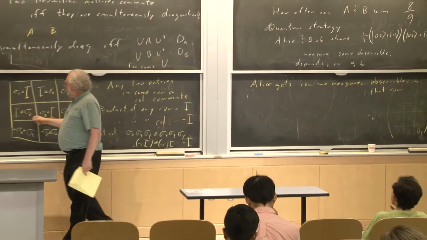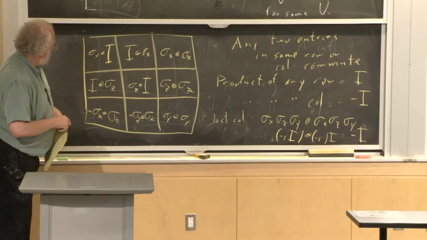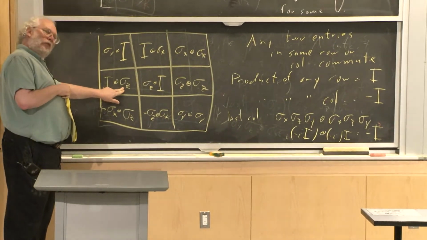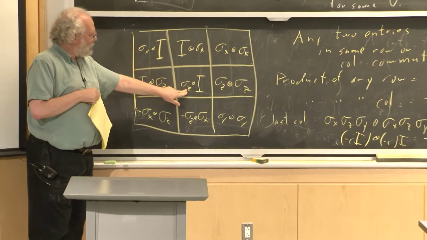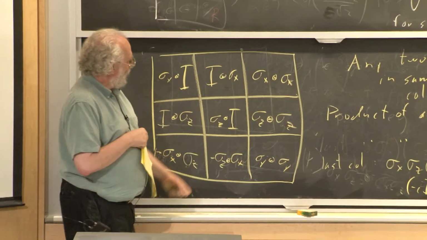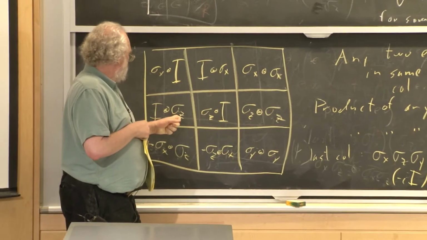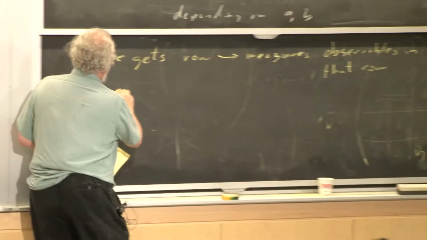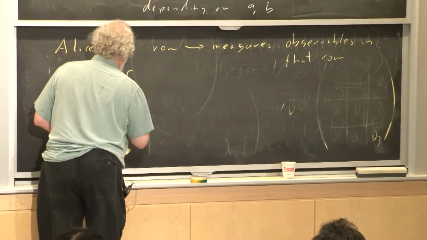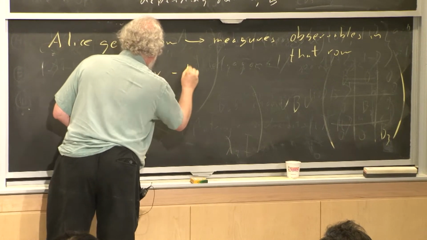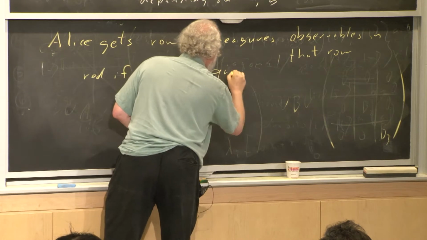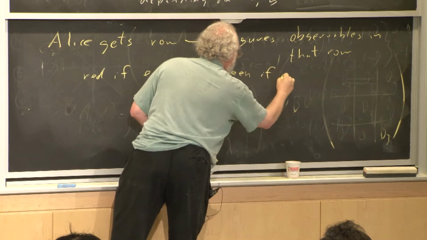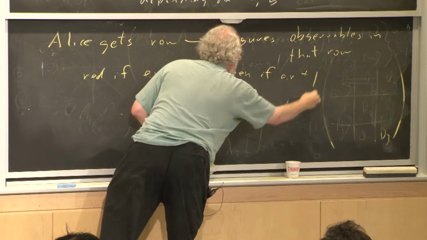When Alice gets the second row, she measures sigma z on the second qubit, sigma z on the first qubit. I should say red if eigenvalue of -1, and green if eigenvalue of +1.